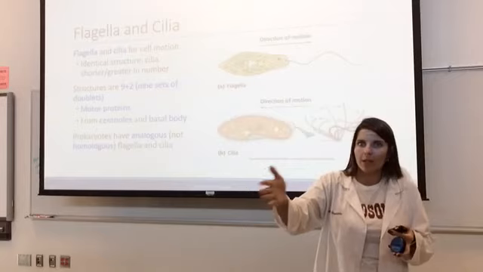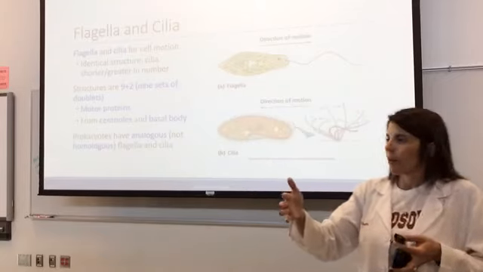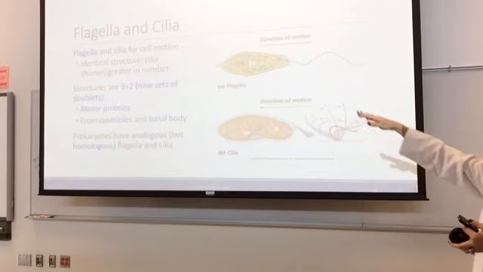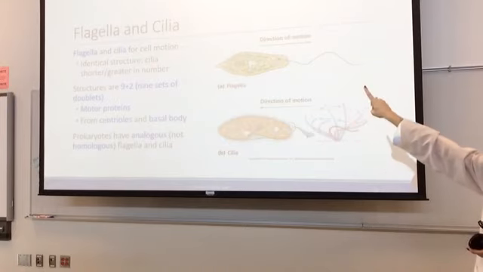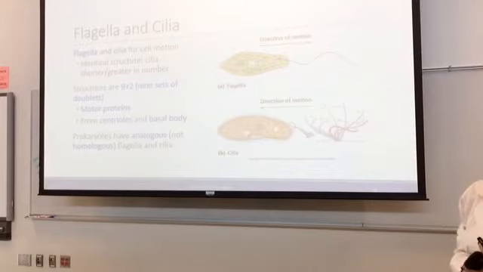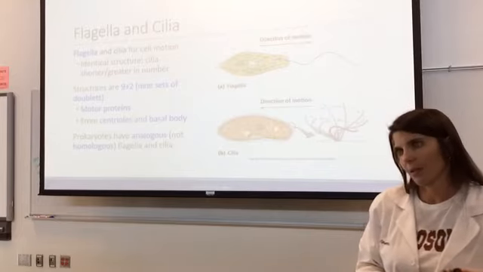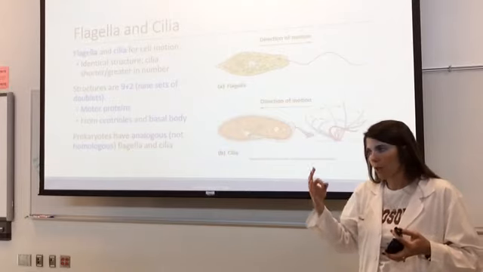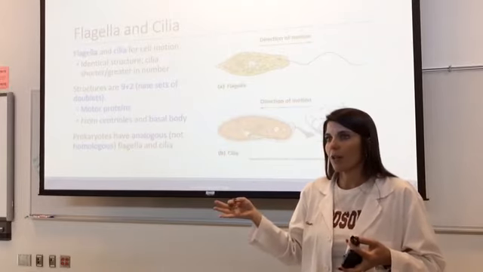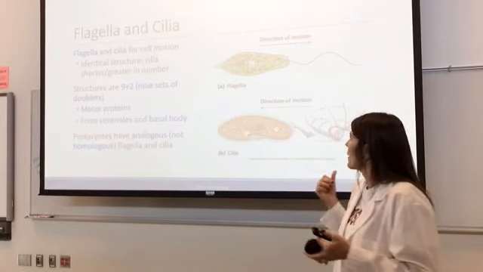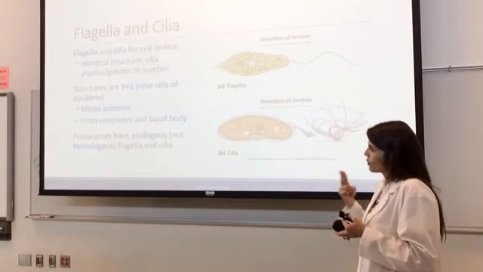Flagella is used for long distance movement. It says here that in flagella and cilia, the structures are 9-2 configuration. What do you think that means? 9 groups of 2. So on the centrioles, it was a 9-3 configuration. For the cilia and flagella, it's 9 groups of 2 microtubules each.